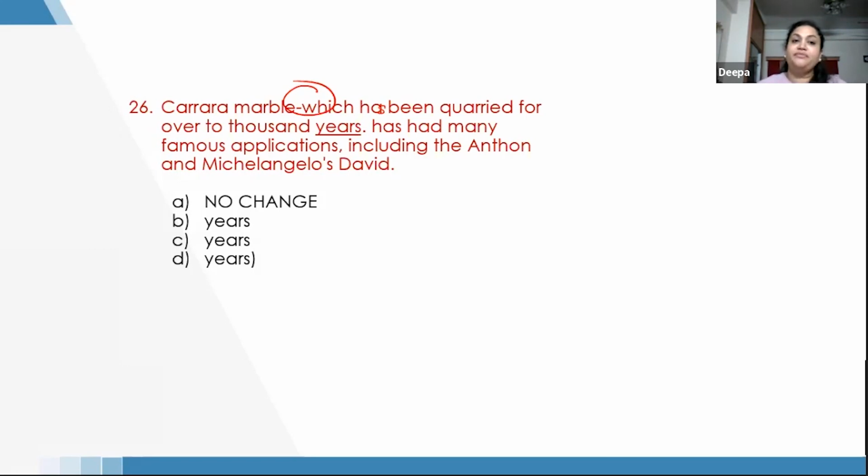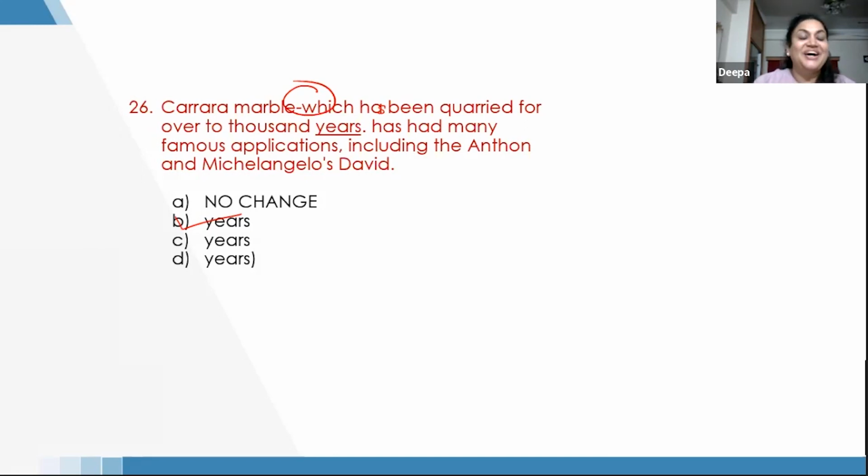Which has been quarried for over 2000 years, has had many famous applications, including the Pantheon and Michelangelo's David. Now we don't have a dash here, so therefore we don't understand why we have a dash there in the first place. Therefore, we'll go with B as the right answer, but I still doubt its accuracy.